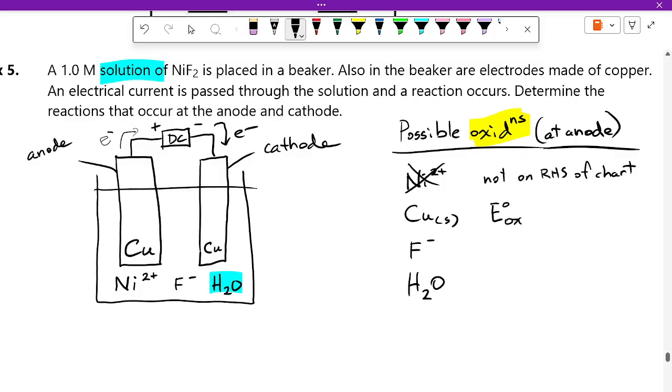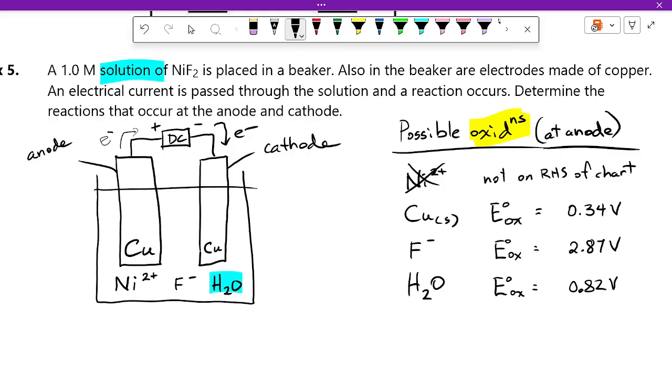So E naught ox for copper, for fluoride, and so on. Now I've put down the values. I haven't put pluses or minuses yet.